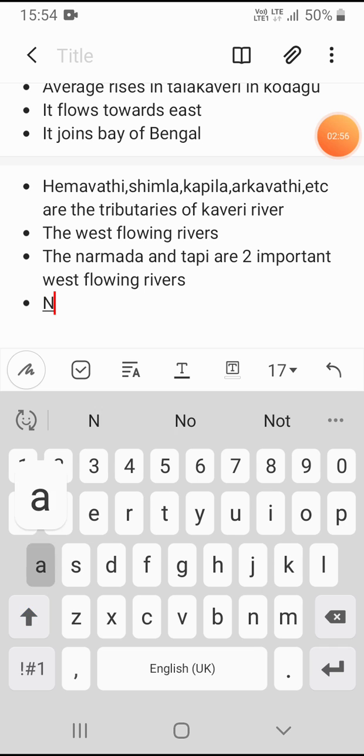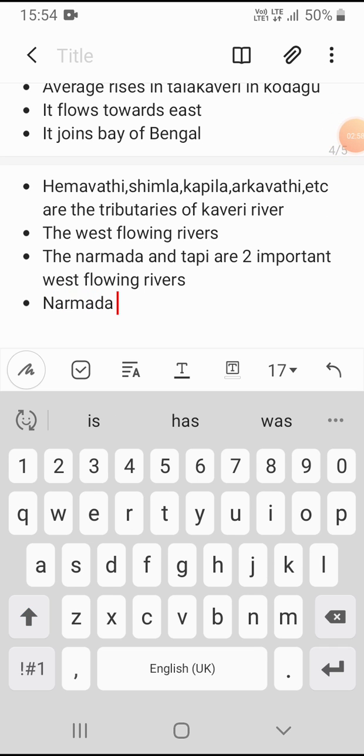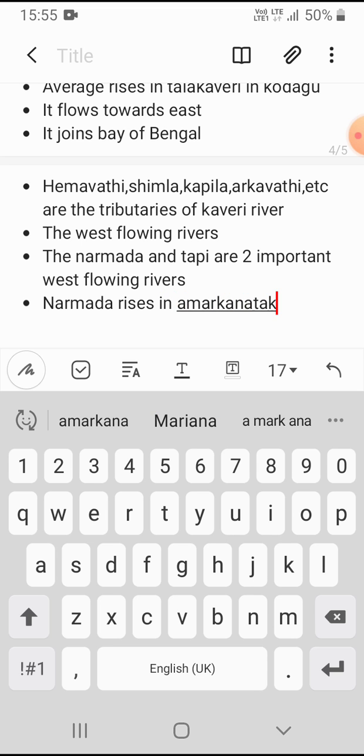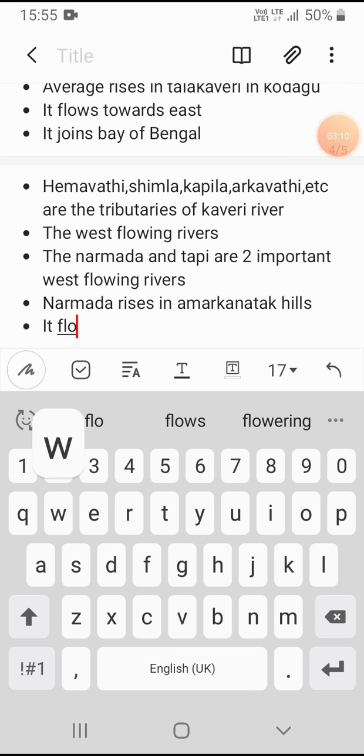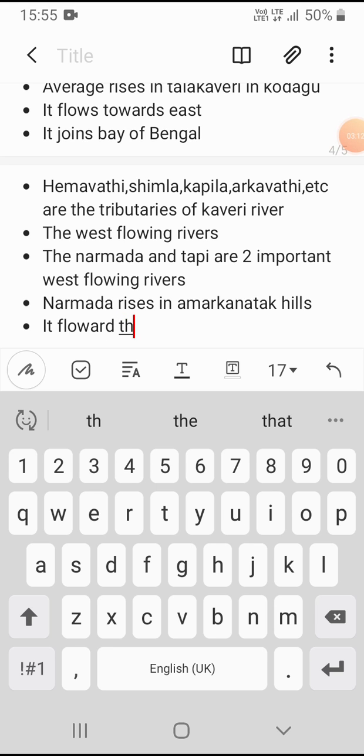Narmada rises in Amarkantak Hills, and flows towards the west.